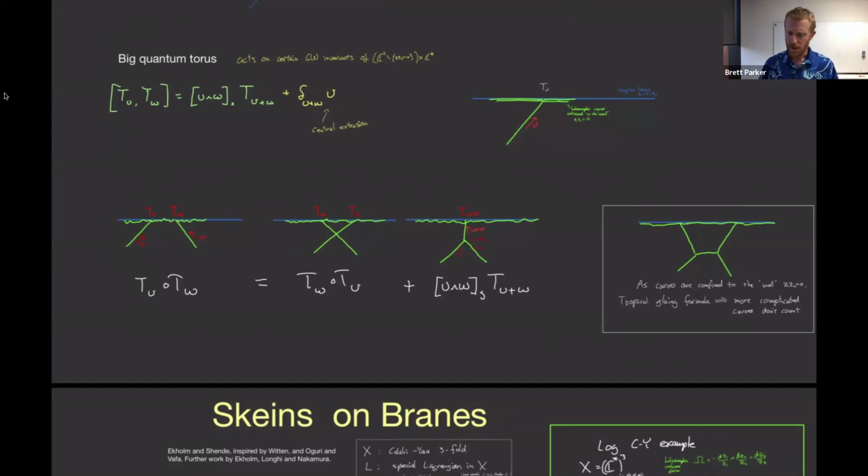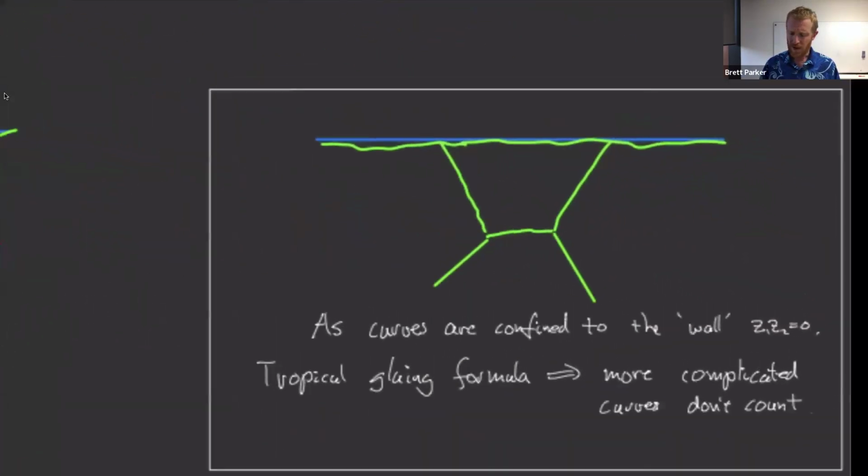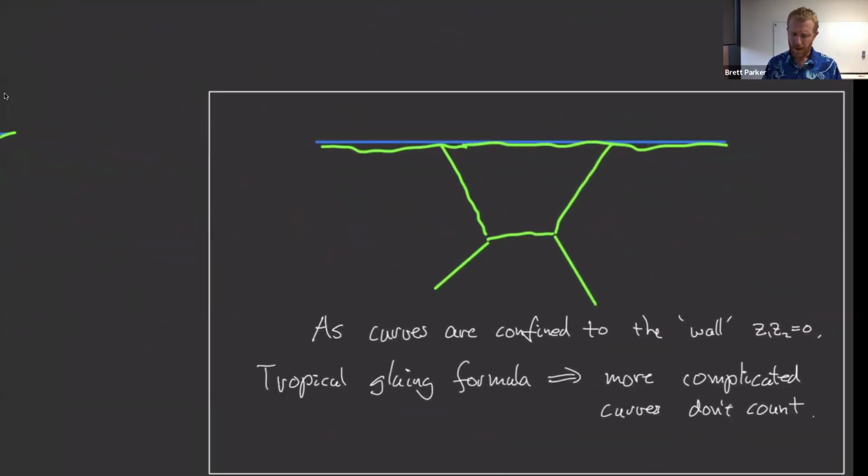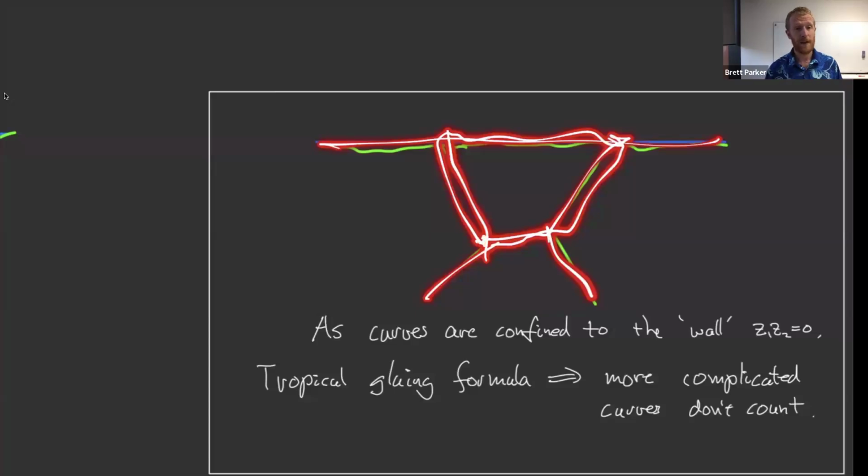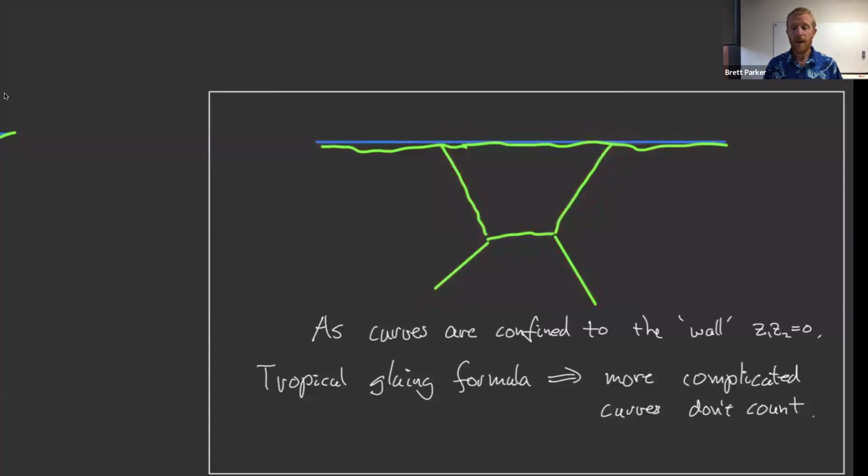Okay, so I'll just say one little technical thing. A priori, there exist holomorphic curves and tropical curves which look like this, where you've got maybe a loop in here. These holomorphic curves exist, but you can perturb them away, basically because everything here is confined to this wall where z1, z2 is equal to 0.